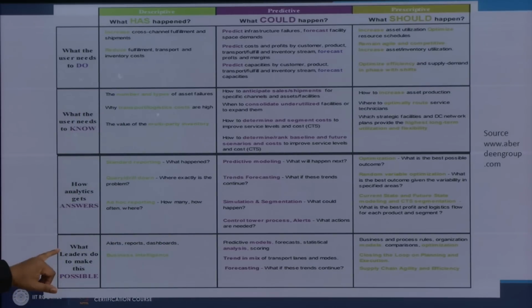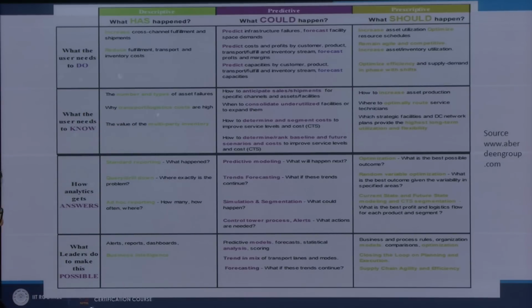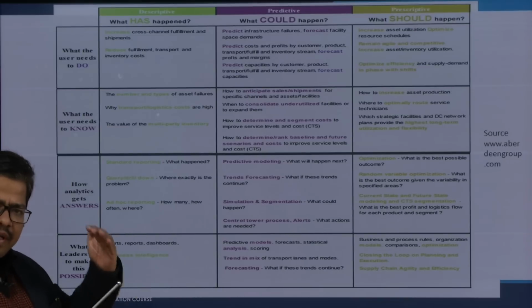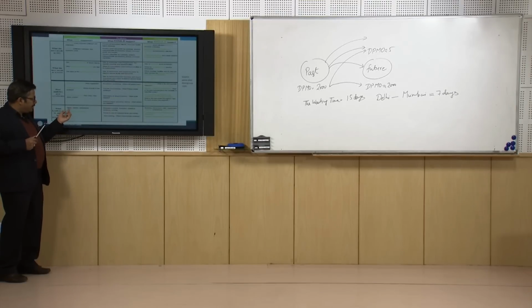Then what do leaders do to make this possible? As I was discussing, we need to see what the alert items are. You need to create some kind of signals in your supply chain which can give you alert messages.